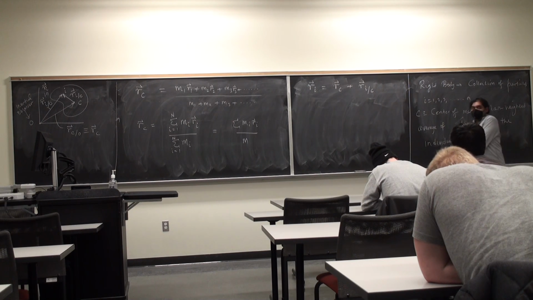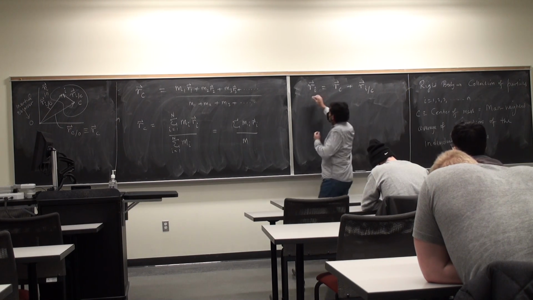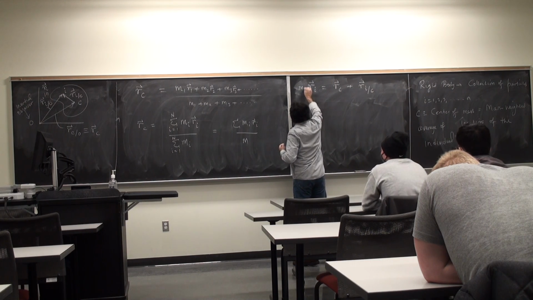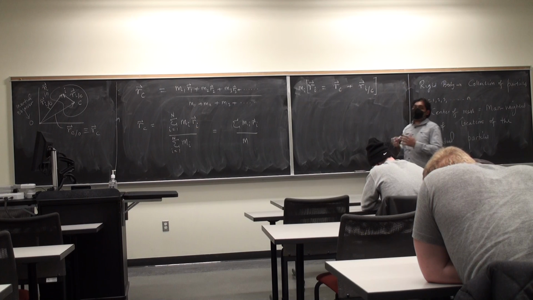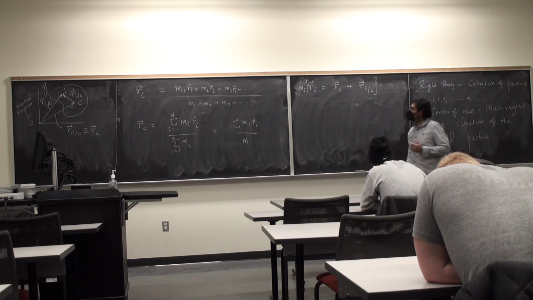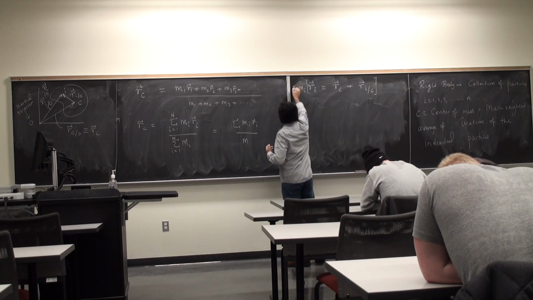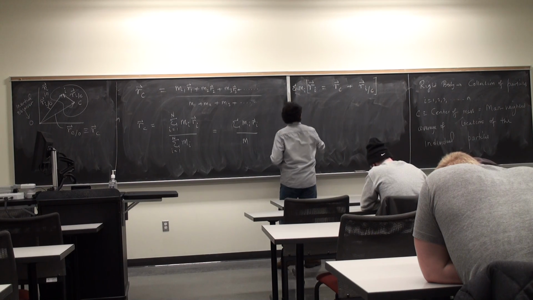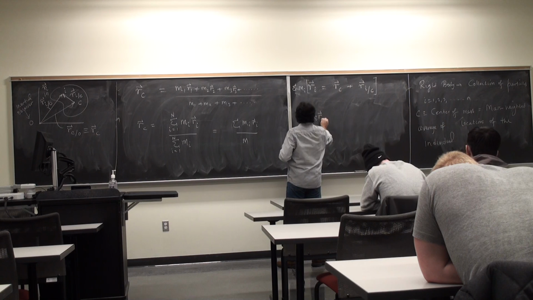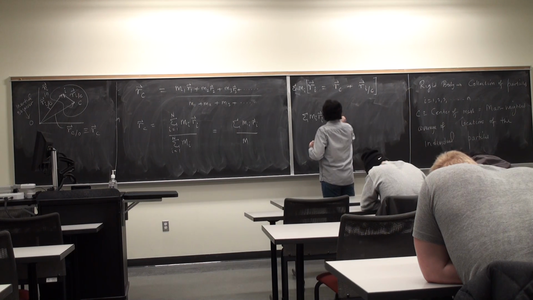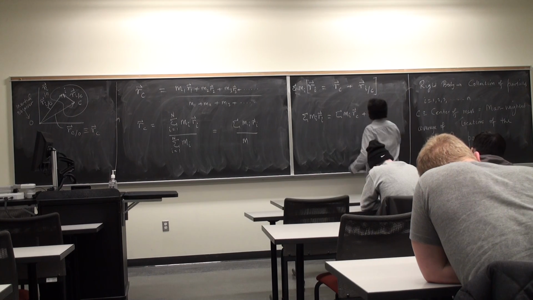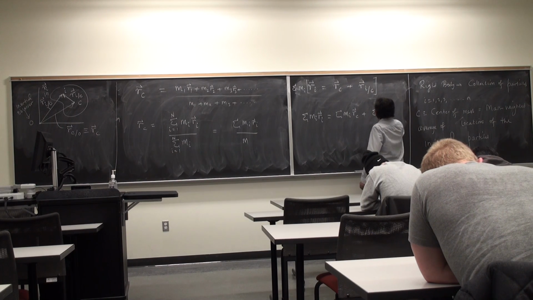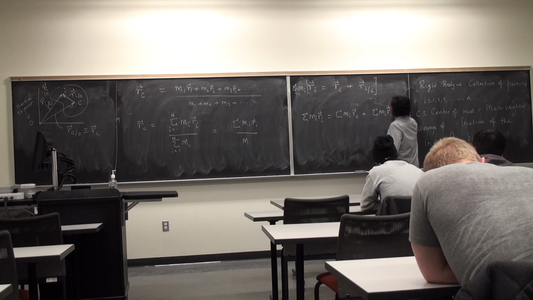I'm going to multiply both sides by Mi, and I'm going to take the sum of all of these things. Okay, so this is summation. If I do that, I'm going to get summation Mi Ri is equal to summation Mi Rc plus summation Mi Ri/C.